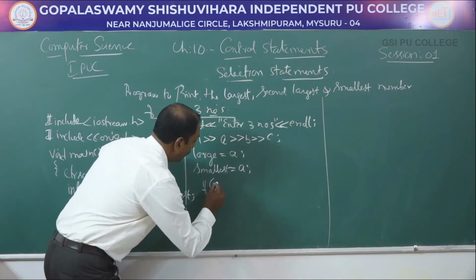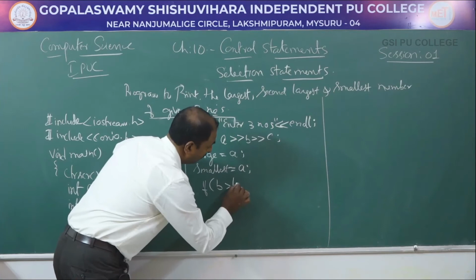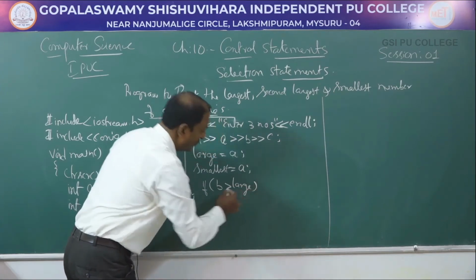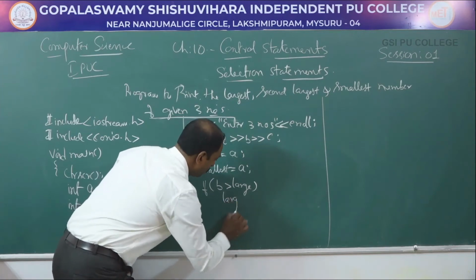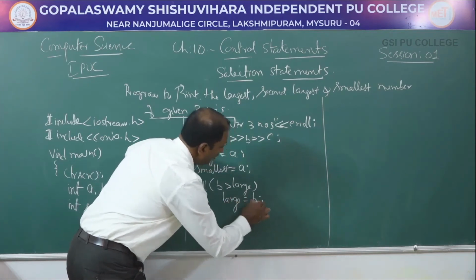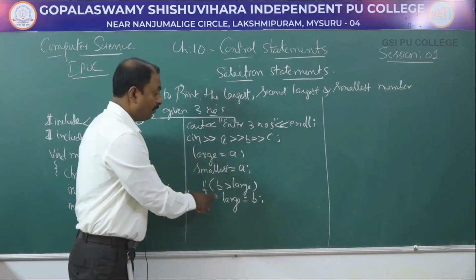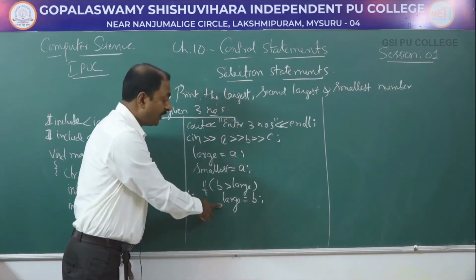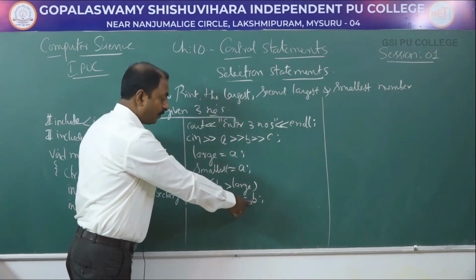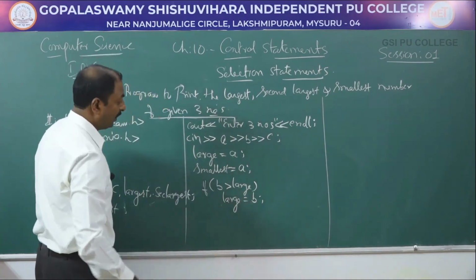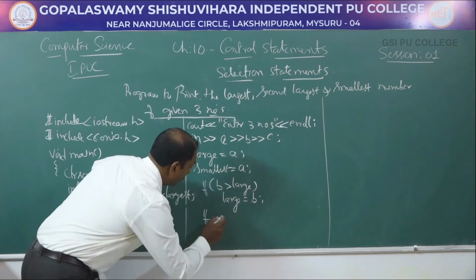If B is greater than large, large equals B. With the help of this condition, we have checked only one number, B. Now similarly we have to check another number.